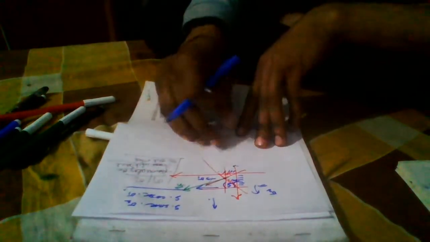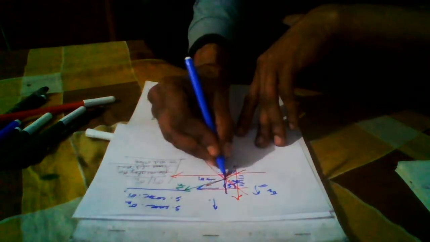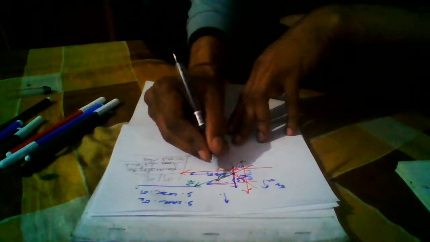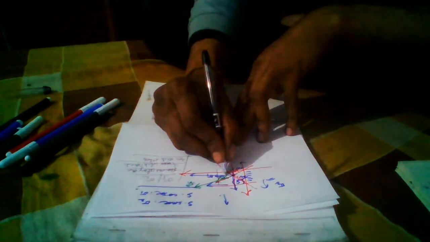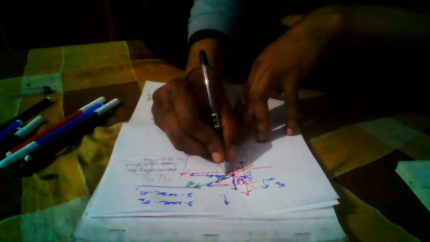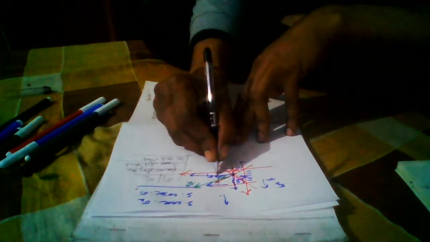We will have to again divide this into two parts, and if the angle is alpha, then it will be this arm versus this arm, which means sine alpha. Okay, and this is sigma 2.